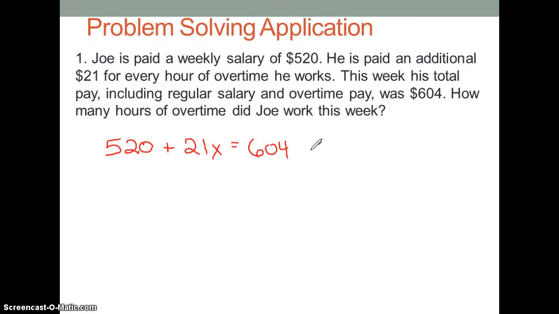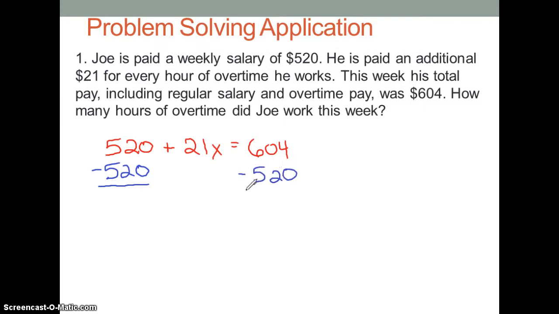Now to solve this, you follow the two steps we just said. So first we want to get rid of the constant, and the constant is the one without the variable, and we're going to do that by doing the opposite. Since this is positive, you know to do a minus 520, so that it cancels out. And on this side, we're going to do the same thing.